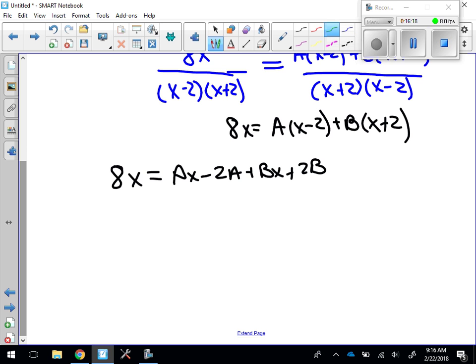And this is what I would term a life skill, which means it's one of those techniques that you can use in many different places. The coefficients of the x's on this side have to equal the coefficients of the x's on that side.